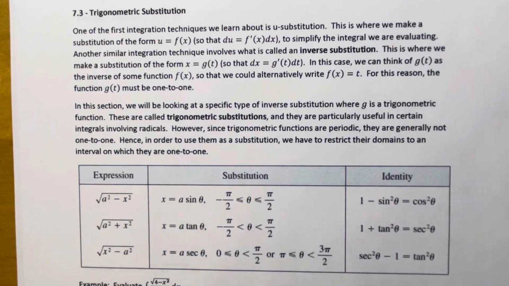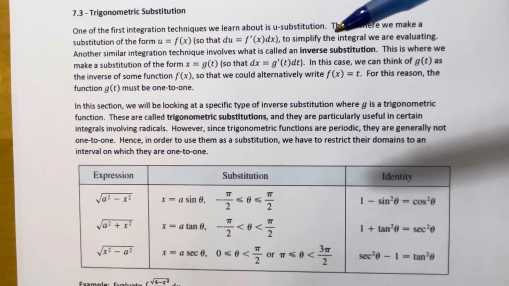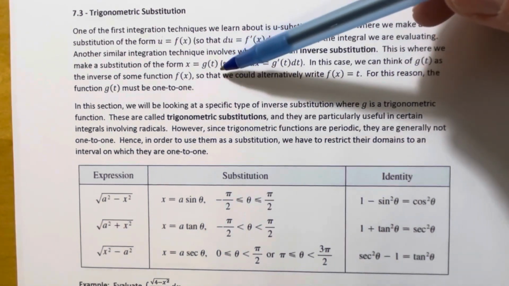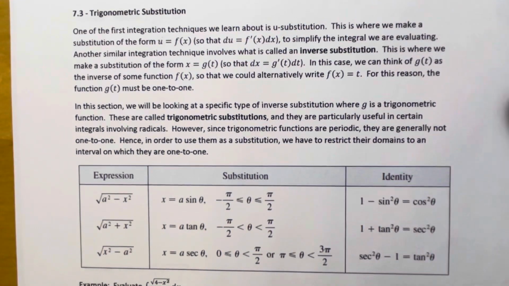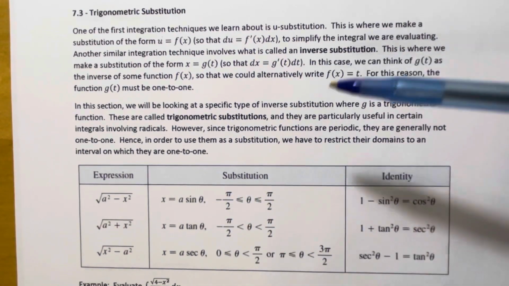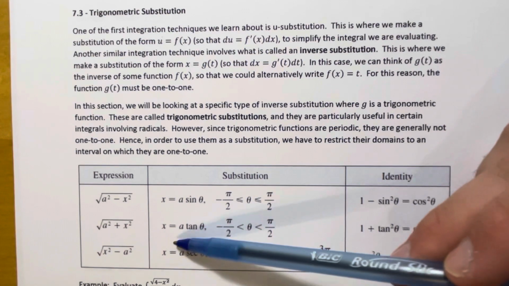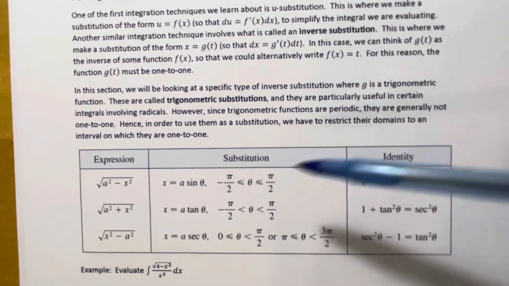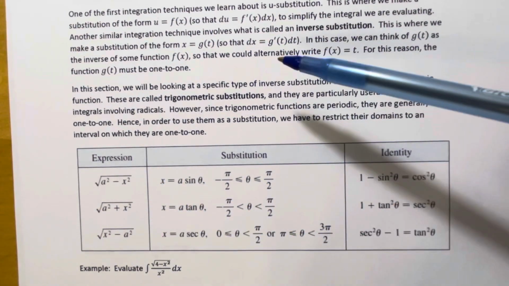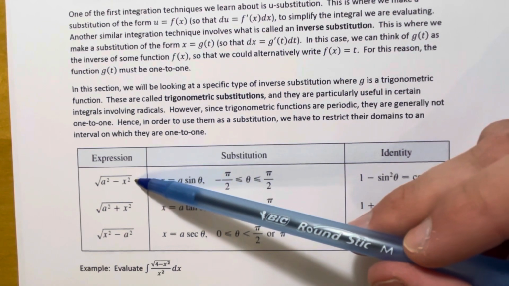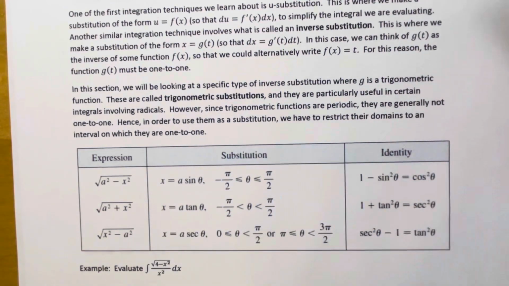And in this case, this g of t that we're working with in this section is going to be some trigonometric function. In particular, we're going to be using these three for the most part. X equals a sine of theta, x equals a tangent of theta, x equals a secant of theta, and these corresponding expressions here tell us when we're going to use each one of these.